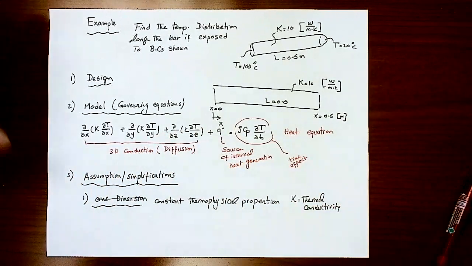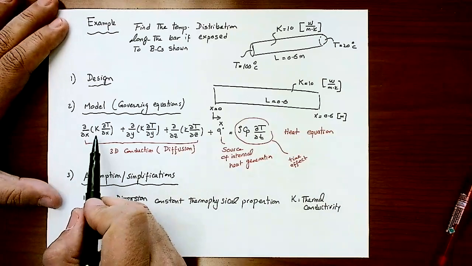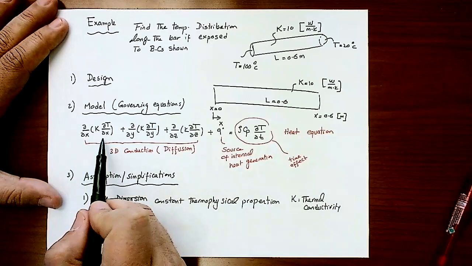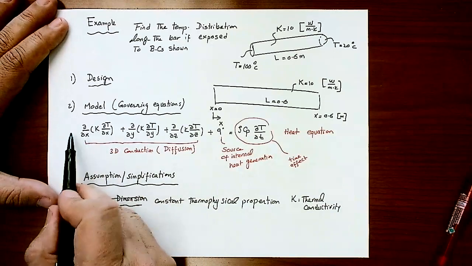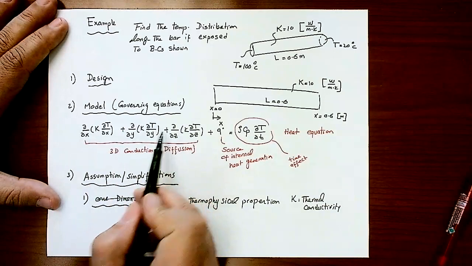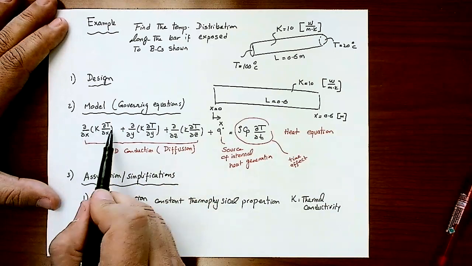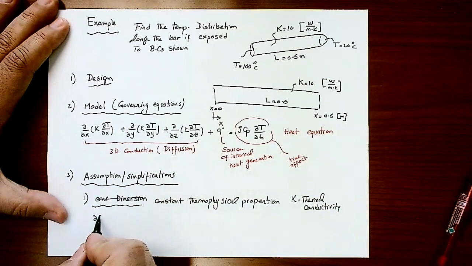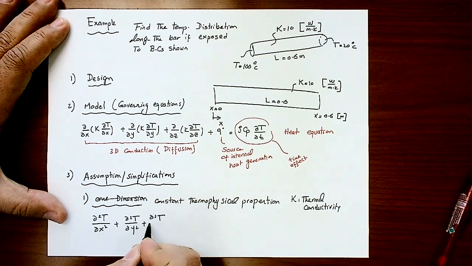Thermal conductivity is the same in all directions. If that's true, K is not differentiable relative to X or Y or Z. I can take it outside the equation. So I will have K out here, K out here, K out here. So I will end up having the first derivatives of temperature, so I'm ending up having partial 2T by partial X squared, the second derivative of temperature relative to X, the second derivative of temperature relative to Y, and the second derivative of temperature relative to Z.